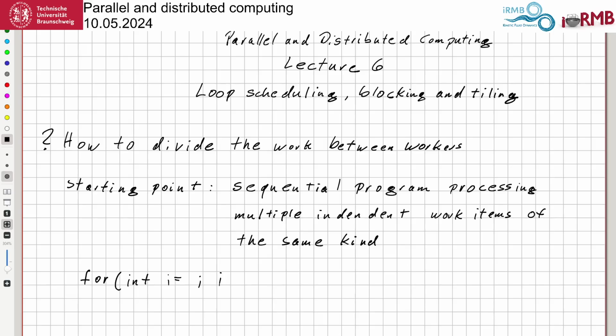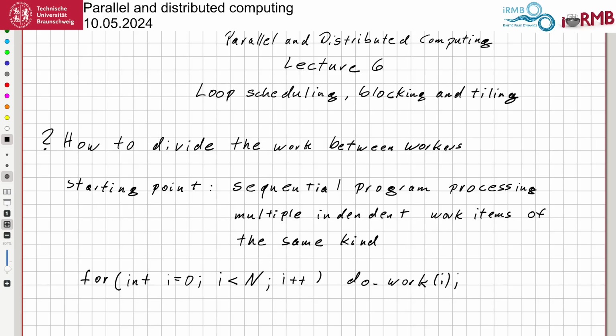We have an index i starting from 0, it must be smaller than n, we count up, and then we do work. The work that has to be done is identified by the index i. This is a very simple example.